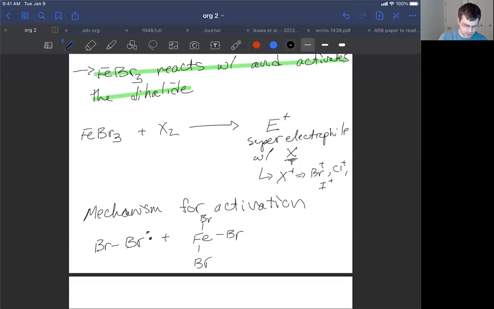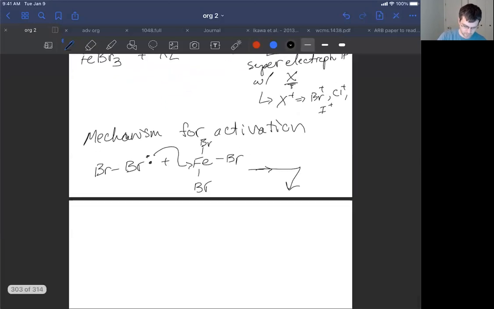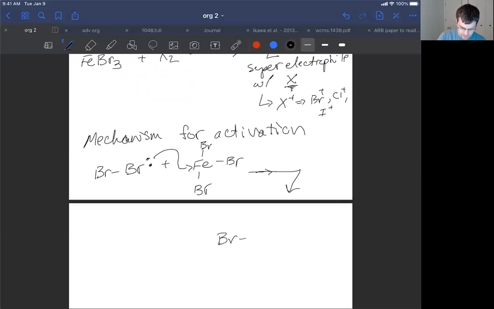It's not, but this is a healthy way of thinking about how the reaction proceeds. We have an open coordination sphere where the lone pair on the bromine atom can engage. So this is like a Lewis base adding to a Lewis acid. Now, if we do it this way, we get something that looks like this.